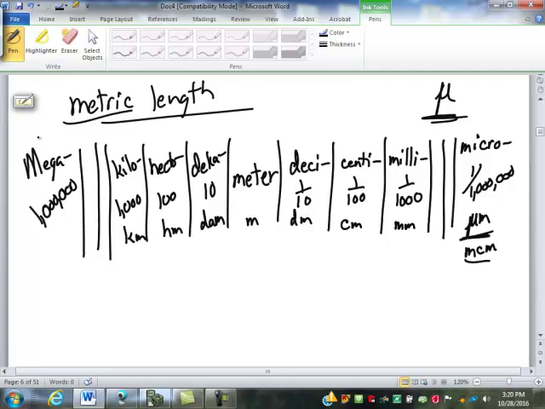Mega was the prefix for million. Notice I used a capital M there, because a megameter is a capital M followed by a little m. Now, some of you may be looking at these and thinking, I've never heard of hecto, deca, maybe not even deci, because they don't get used hardly at all. For most of our metric measurement, the only ones that really get used are the main unit, milli, which is 1,000th, and kilo, which is 1,000.